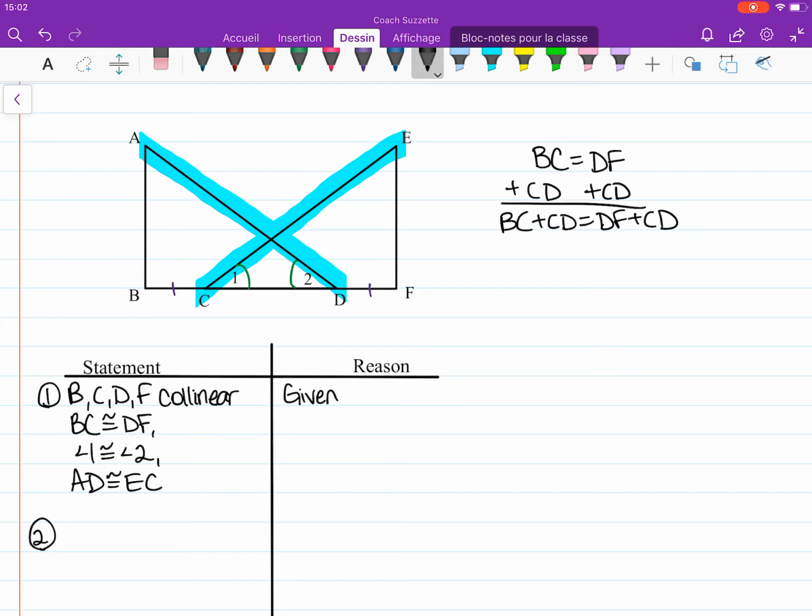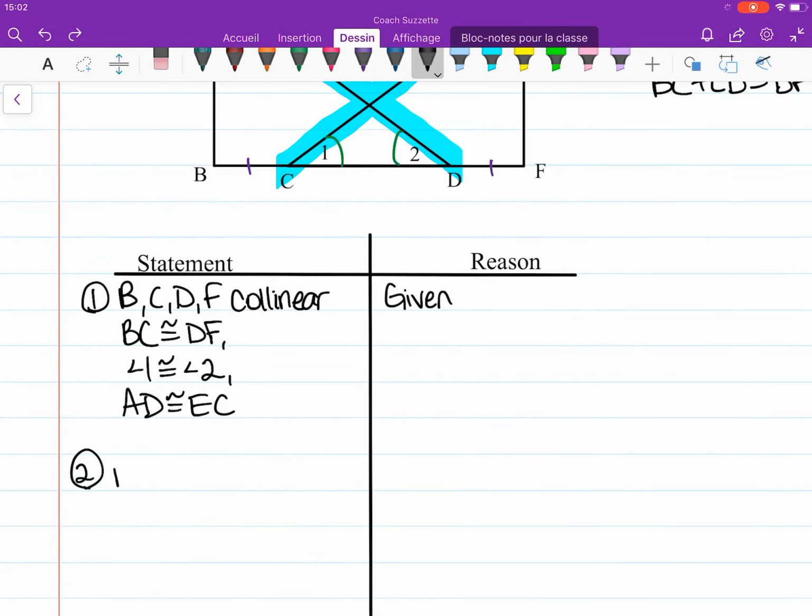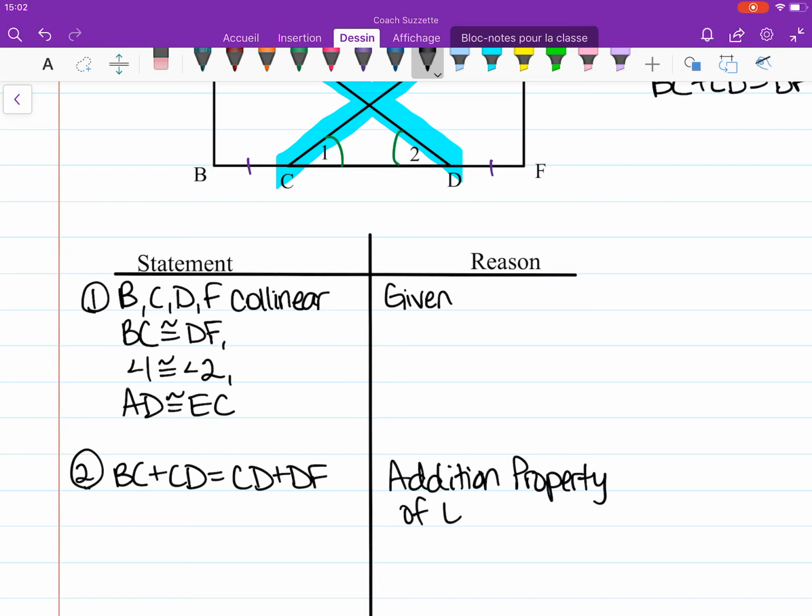Okay, so let's write this. BC plus CD is equal to CD plus DF by the addition property of equality.